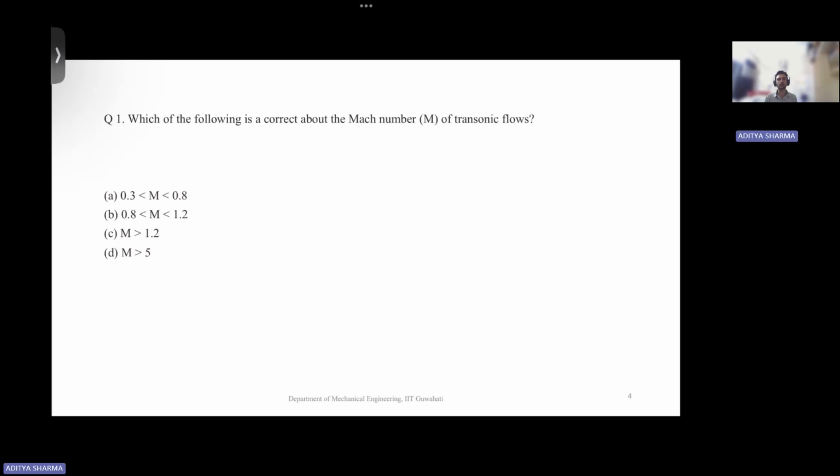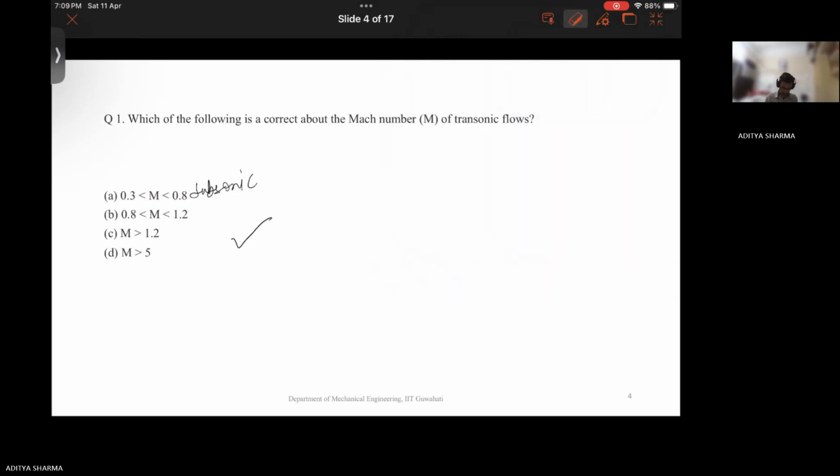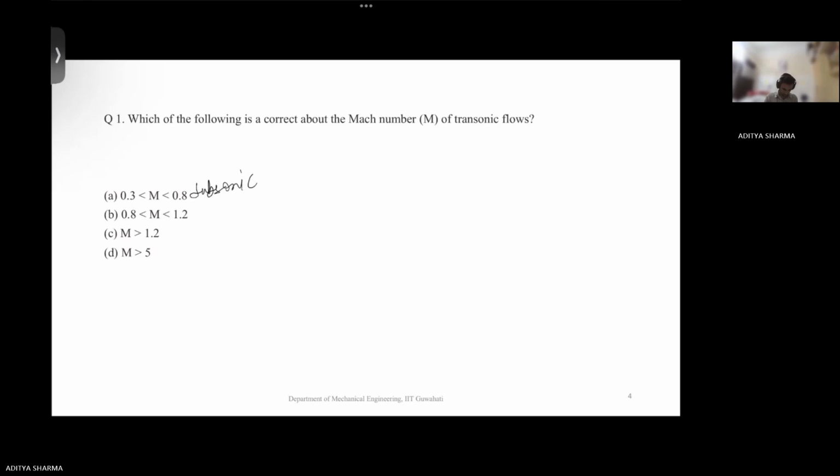Which of the following is correct about the Mach number of transonic flows? Yeah, B is transonic.